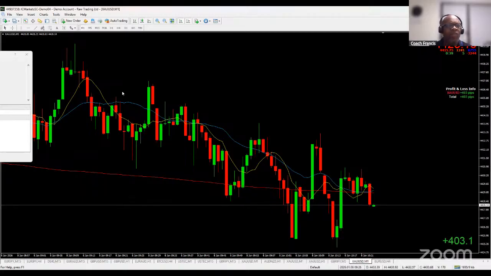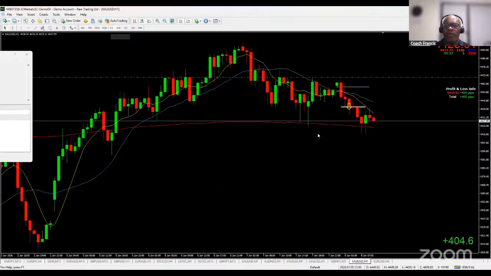I am in a trade on this. I can see it's over 400 pips. So what I'm going to do is secure some profits. Well, not secure the profits, but move my stop loss to break even. Move stop loss to break even.